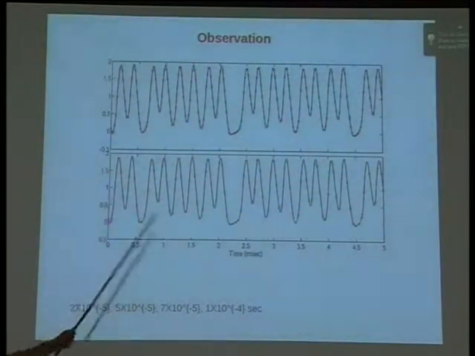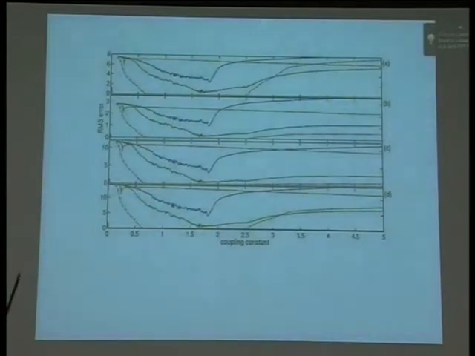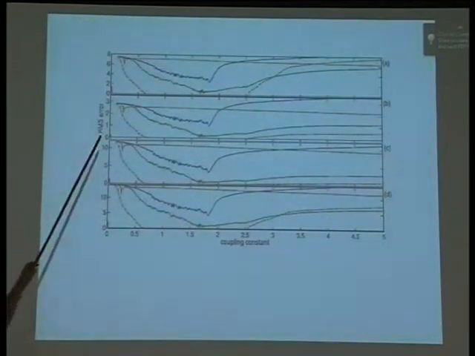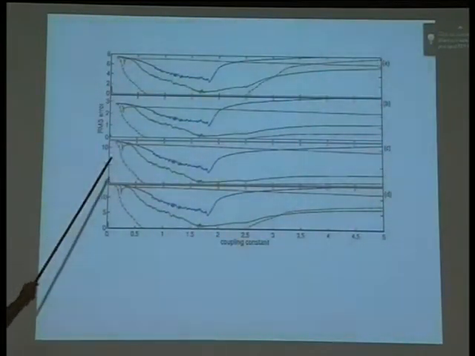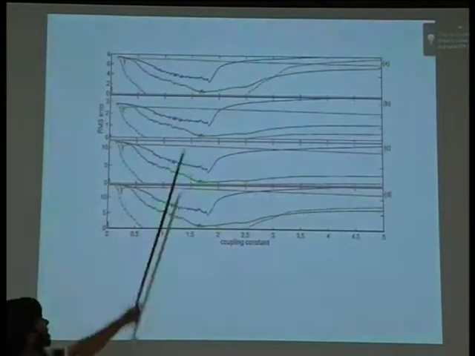And if we subsample our trajectory to get observations at this time step, and do the same synchronization experiment, plotting RMS error versus the coupling constant, the constant responsible for synchronizing my system to the observation, then for 2 into 10 raised to minus 5 seconds, we get a perfect synchronization regime.